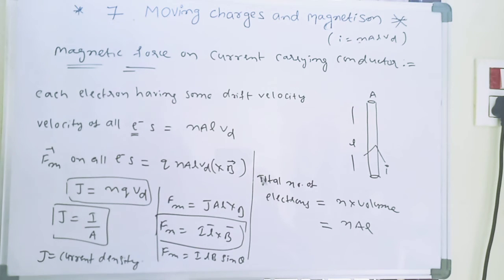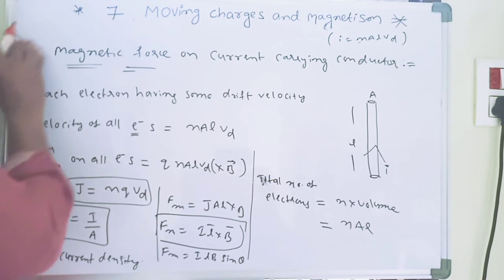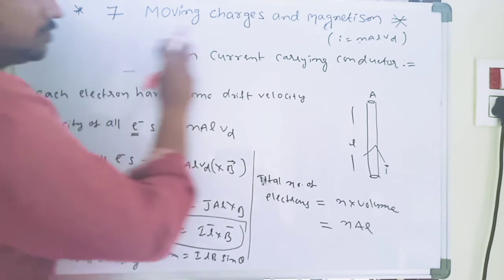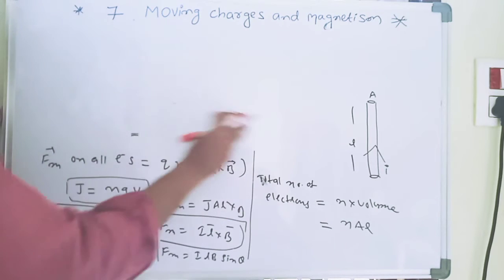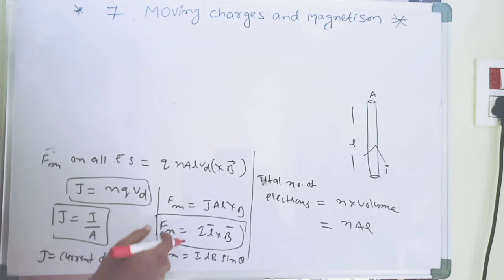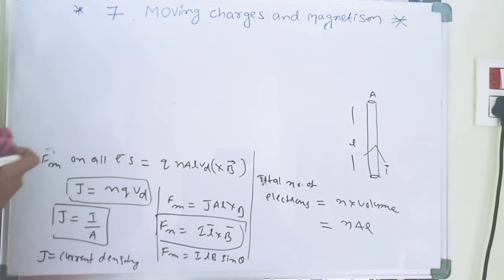So now we go with the next topic, motion in magnetic field. Motion in magnetic field means motion of the particle in magnetic field. Remember this point: the formula Fm is equal to I into L cross B is important.